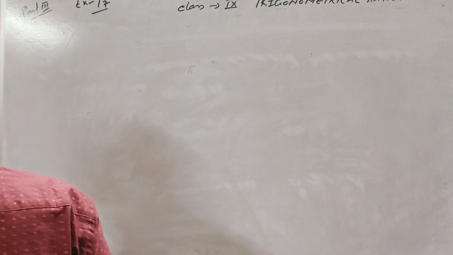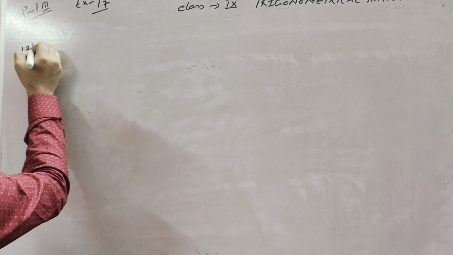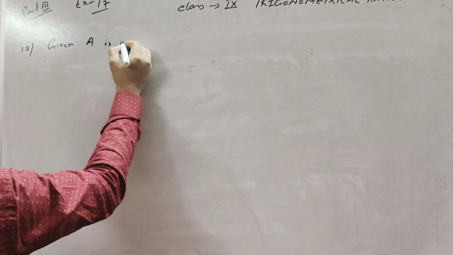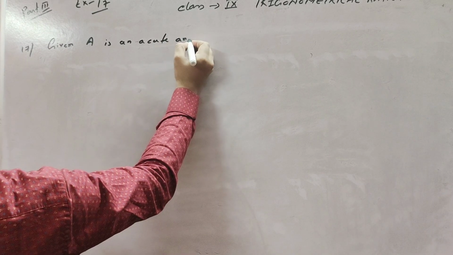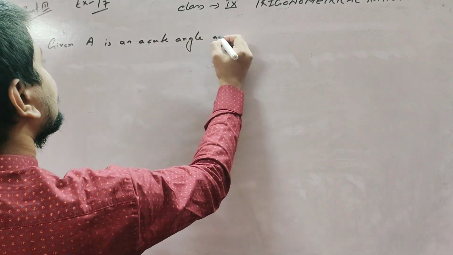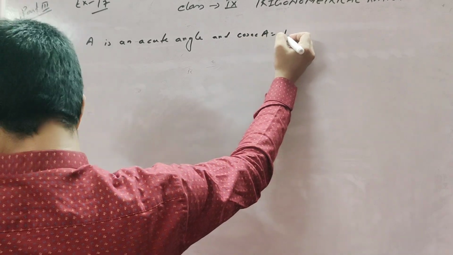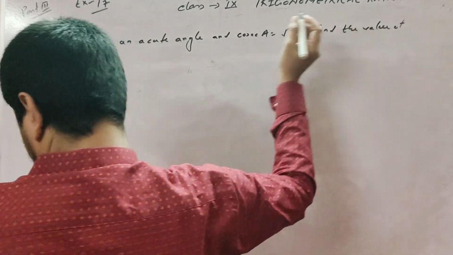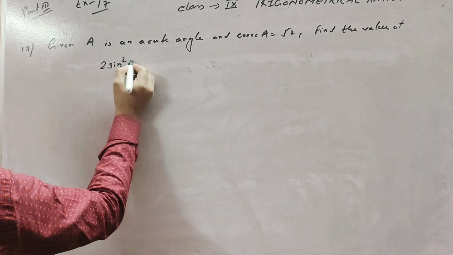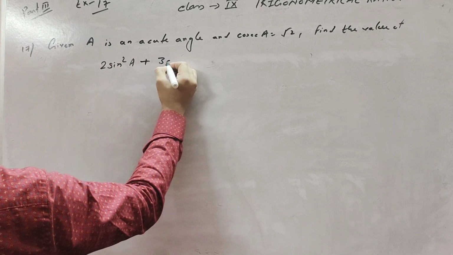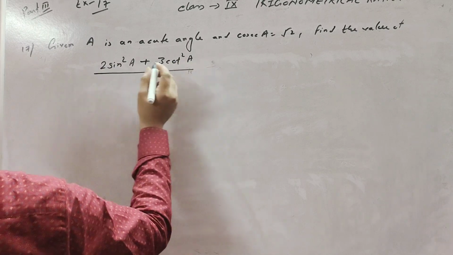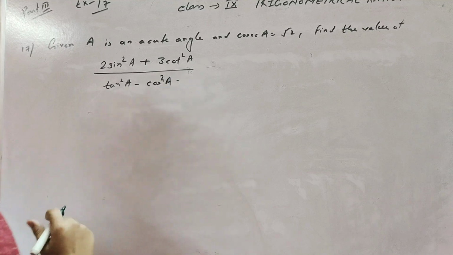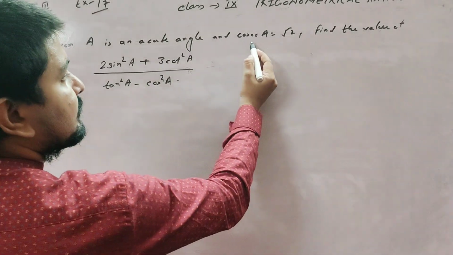Now the turn for question number 17. See, in question number 17, given A is an acute angle and cosec A equals root 2, find the value of 2 sine square A plus 3 cot square A by tan square A minus cos square A. Okay, so first of all cosec A is given root 2.